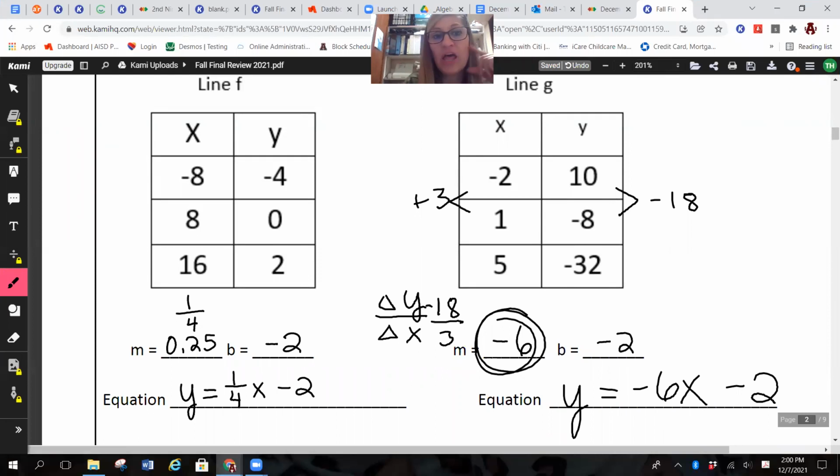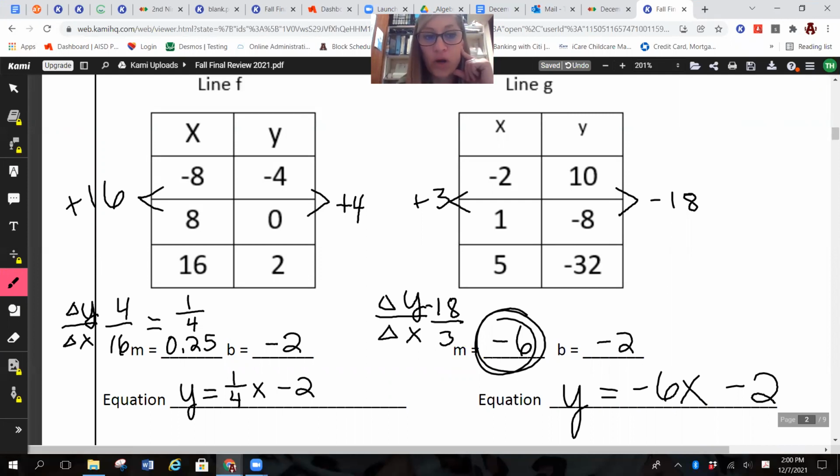And the same thing on line F. From -4 to 0, you had to add 4. But from -8 to 8, you had to add 16. So change in y over your x, 4/16 reduces to 1/4. That is how we calculate the slope by using the table.